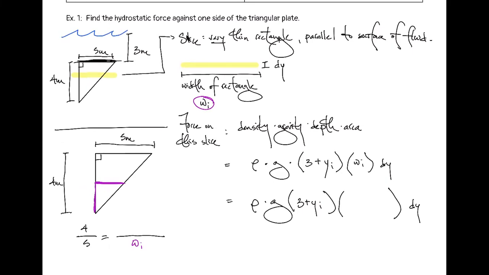Now, I love where we were headed with some of that, like 5 minus x, because if we say that this distance is y sub I, or the y value of a given slice, how big is this distance? 4 minus y sub I. And so 4 minus y sub I is the height of the similar triangle. So that's going to go here, 4 minus y sub I.